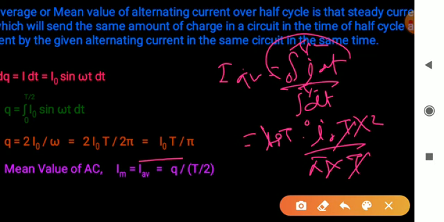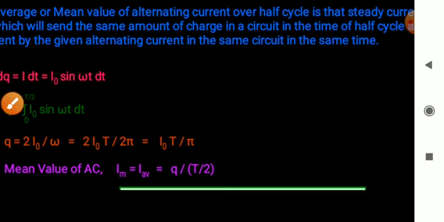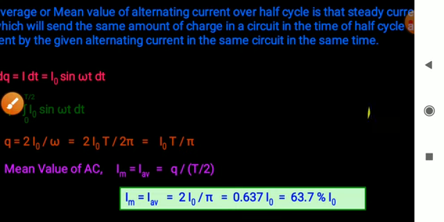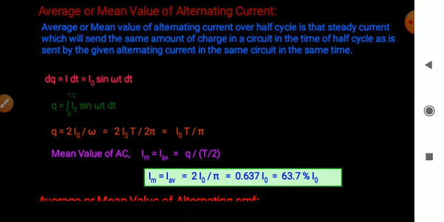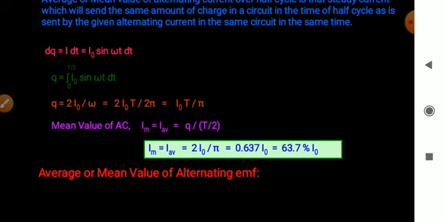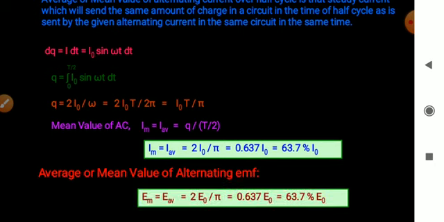We have the value 2 I naught over pi. Okay. So this equals 0.637 I naught, equal to 63.7% of I naught. Now the average or mean value of alternating EMF is given by E average equals 2 E naught upon pi, equal to 0.637 E naught, equal to 63.7%. I hope this is clear to you.